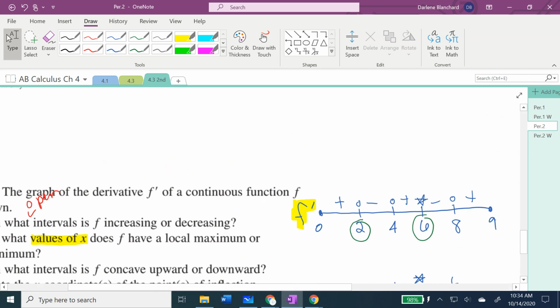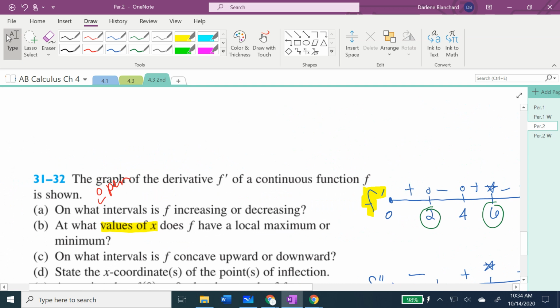So I want to go back and point out some of the words that, when you're first reading a problem, you don't notice, but later go, wait a minute, is this happening? And this says the graph of the derivative f prime of a continuous function f.